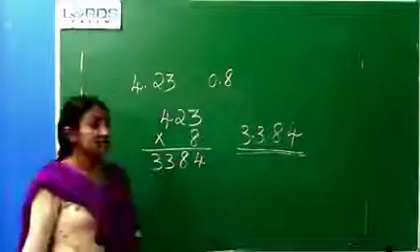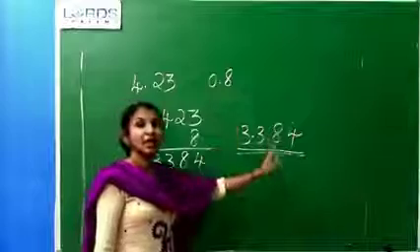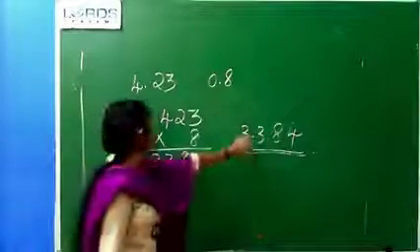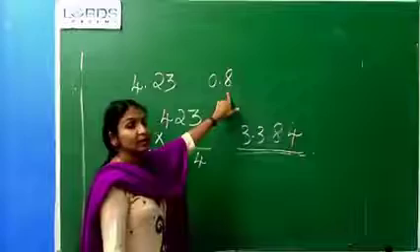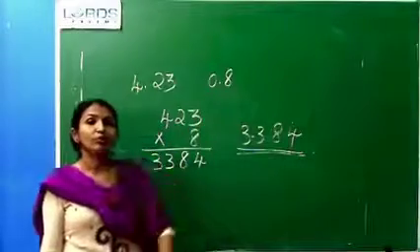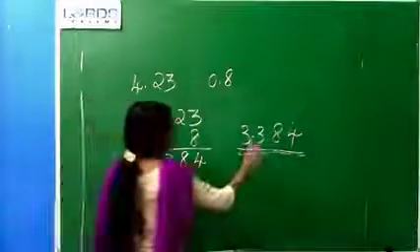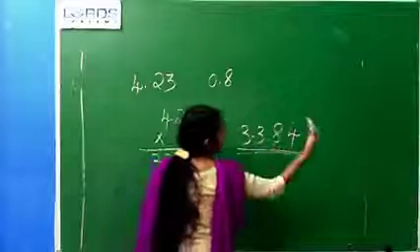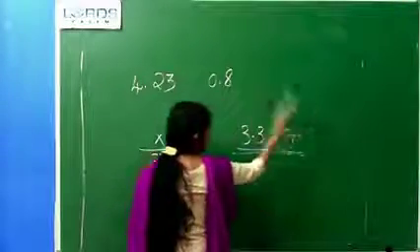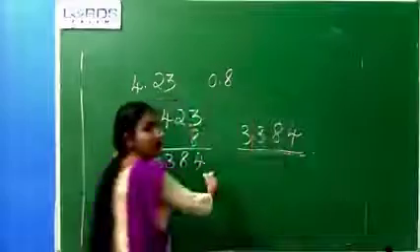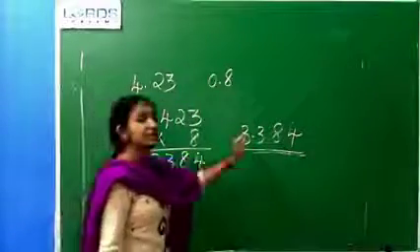So, our answer is 3.384. How we got the point here? Here after the point 2, here after the point 1. So, total after the point 3 places should be there. So, we are moving 3 places from right to left and then we will add this point there.